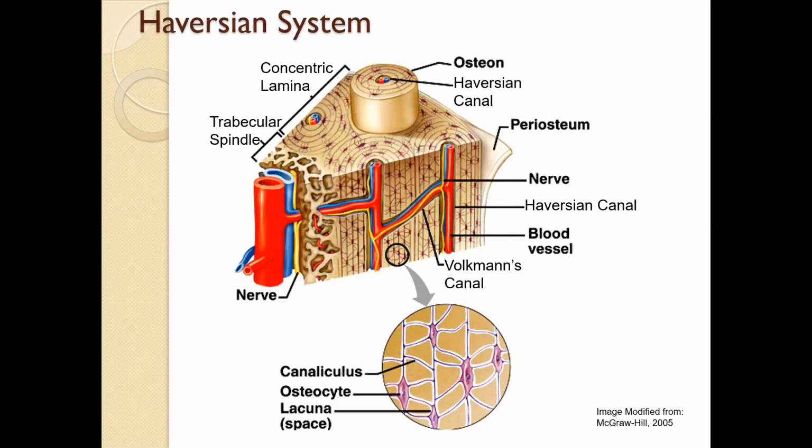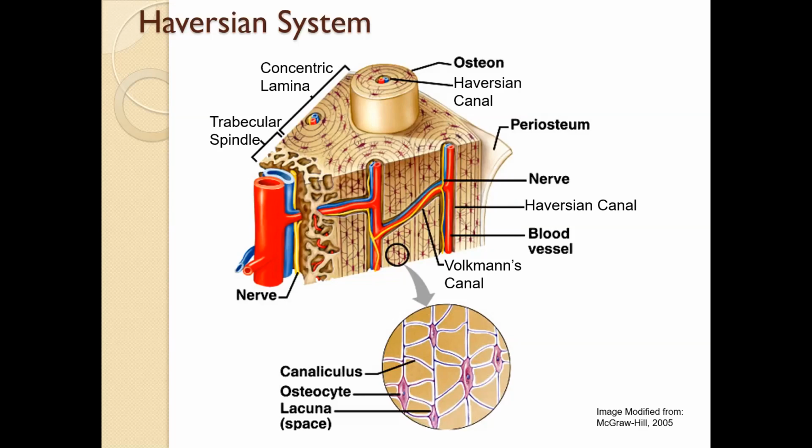In the center part of the region, we will have the medullary cavity, which we'll see here in a second, with the perforating or nutrient arteries and veins, as well as the nerve. These are going to pass through the trabecular into the Volkmann's or the perforating canals that the concentrically ringed laminas will surround, but allow for passage of the blood vessels into the Haversian or central canal, which is going to be central to the osteon laminal rings.